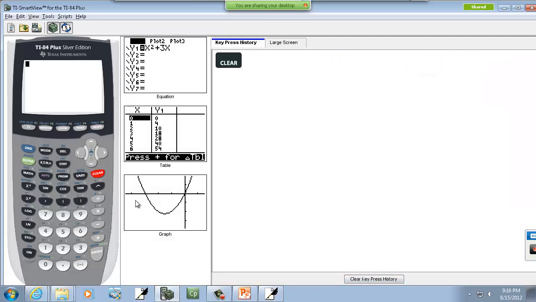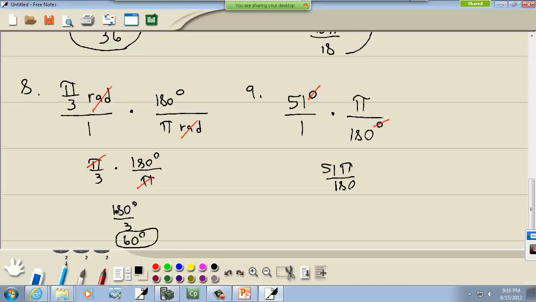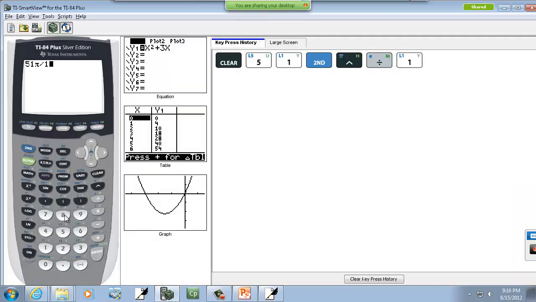So, what did I say, 51? Yeah, 51. And pi, my eyes are bad. I think it's above the caret. I do second caret. Yeah. Then divided by 180. And enter.